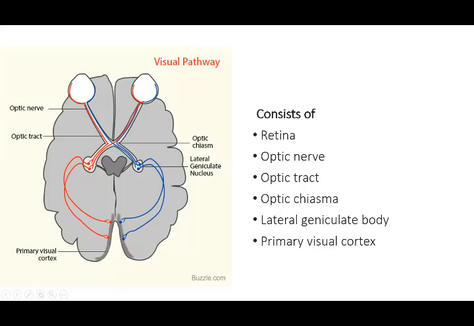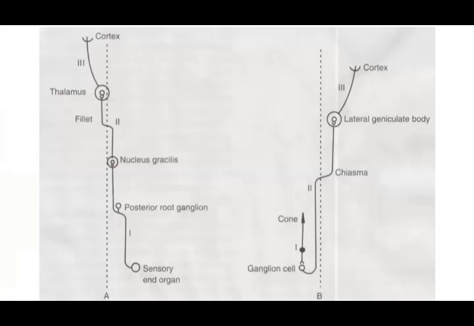The second order neuron is in the lateral geniculate body, and from there the impulses go to the visual cortex. If you compare it to anything else, it's the sensory end organ to ganglion and to the cortex.